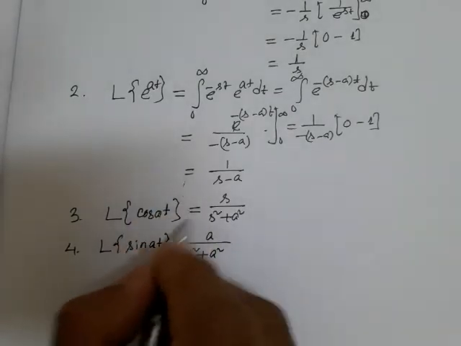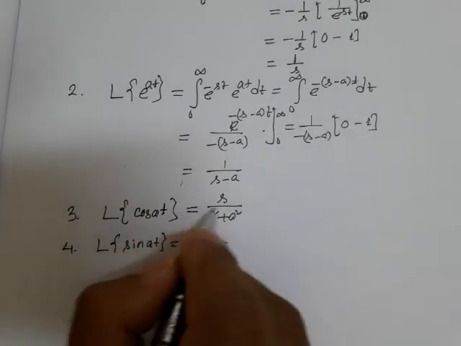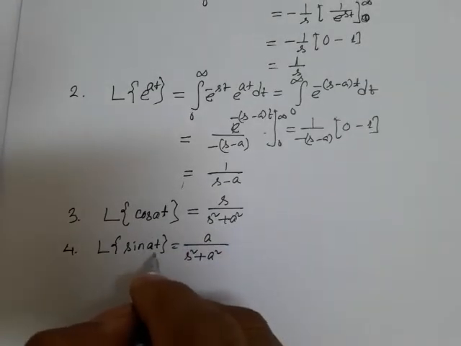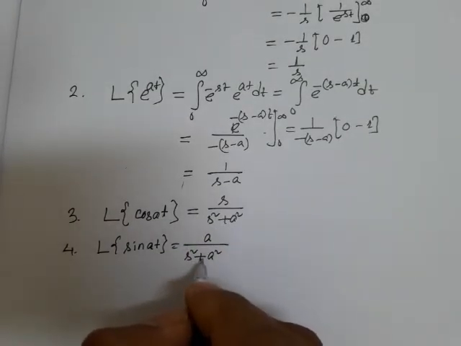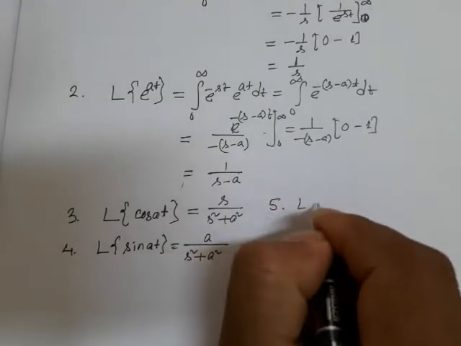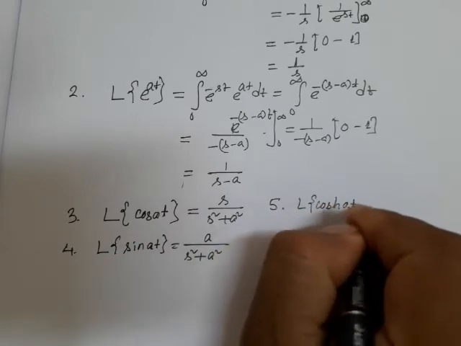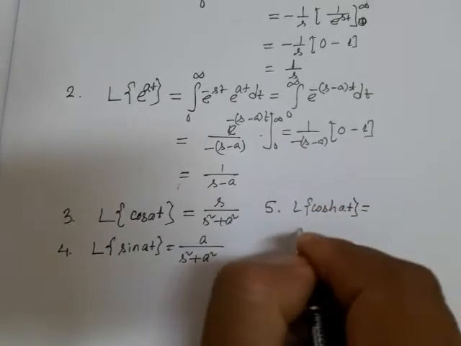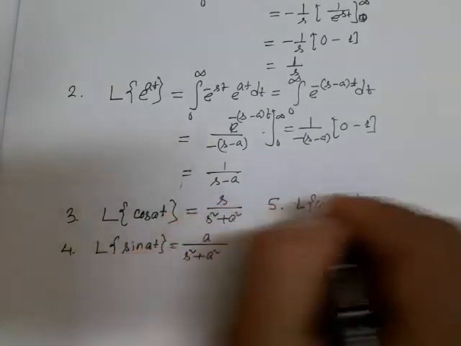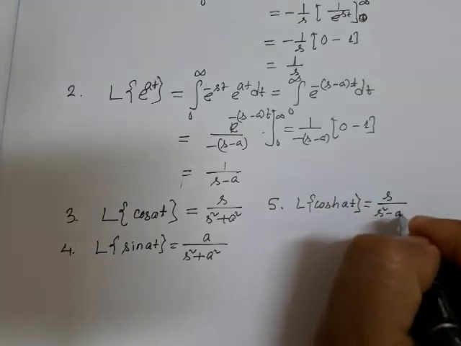So what is the difference between these two formulas? The first, for cos at, is s by s square plus a square, and the second, for sin at, is a by s square plus a square. And formula number 5: what is L of cosh at, the hyperbolic function? It is almost the same as this formula, except see the difference: s square minus a square.